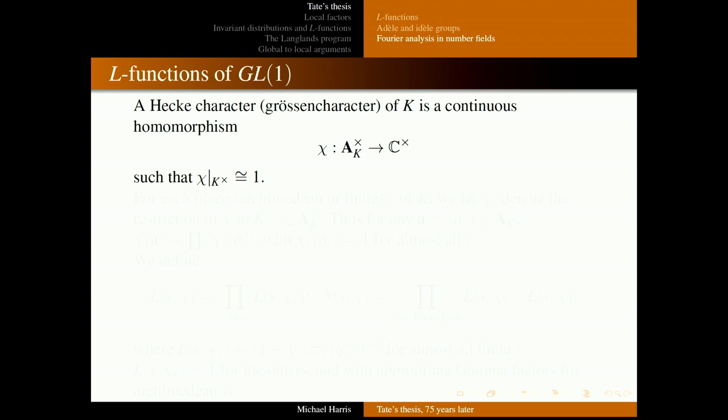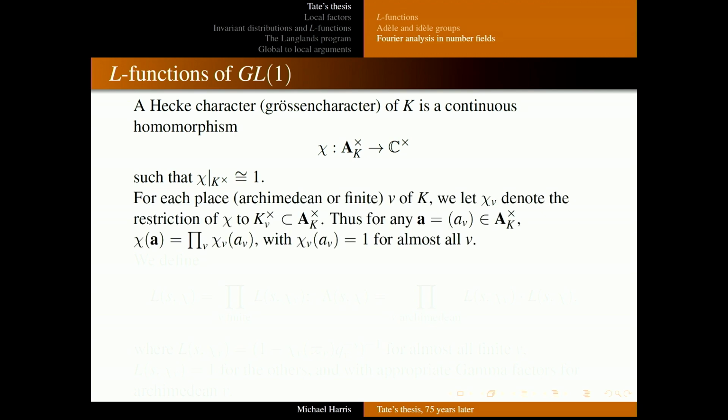The Hecke character, well, there's more than one way to define it. We say it's a continuous homomorphism from the Adele group to C star, which is trivial on the embedded multiplicative group of the field itself. And once you define one, you can restrict it to the different factors in the product.